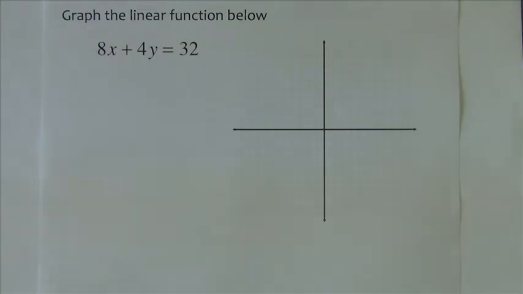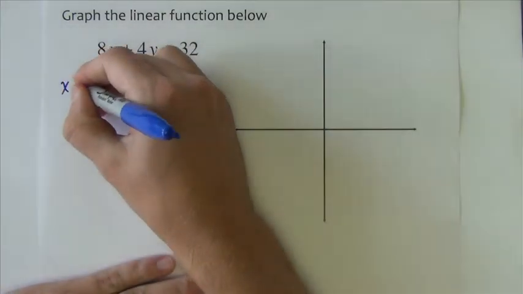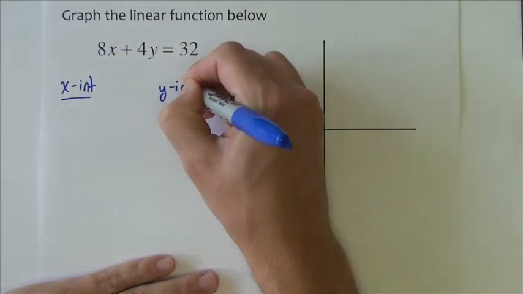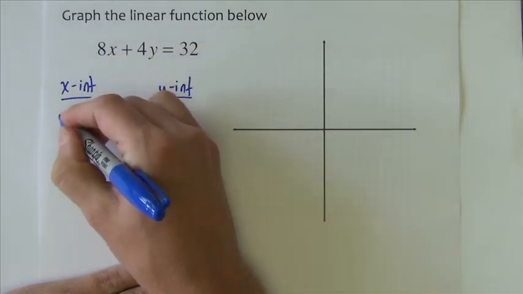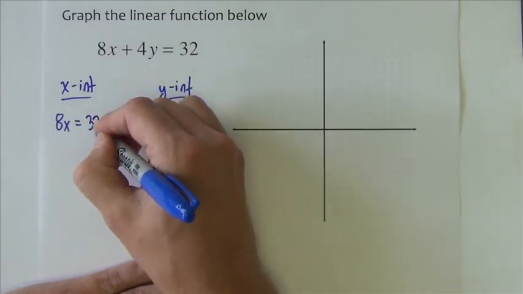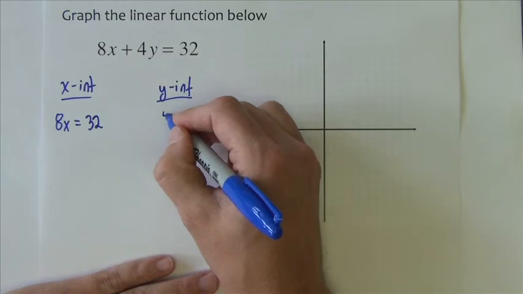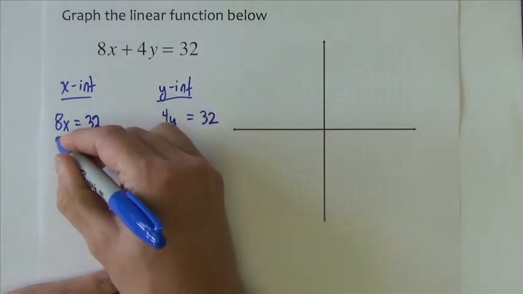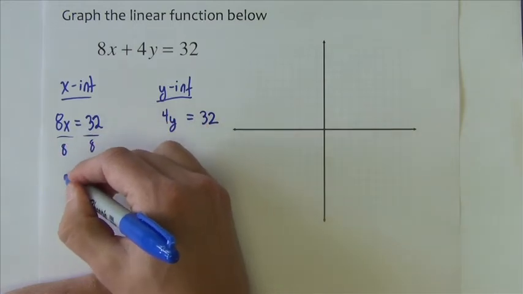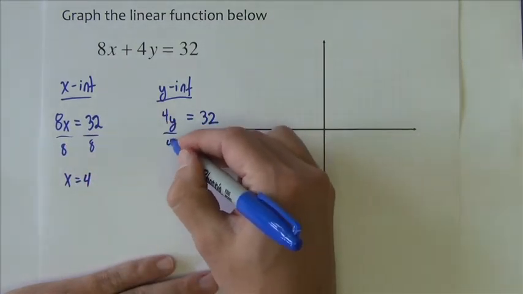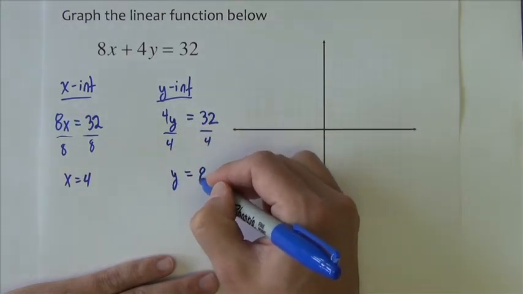One more example doing the same thing. I want to find the x-intercept and the y-intercept. For the x-intercept, we take the 8x and set it equal to what the equation equals, 32. For the y-intercept, we take the y part and set it equal to 32. I divide by 8 here and get x equals 4. Divide by 4 here, get y equals 8.